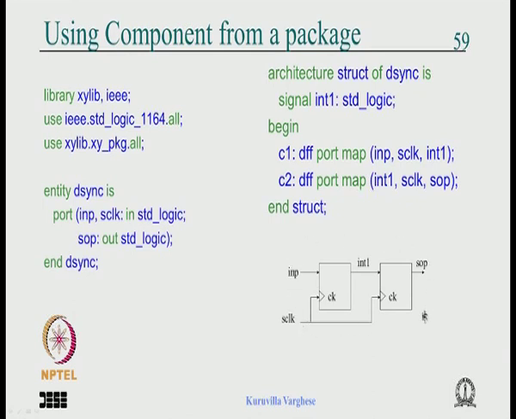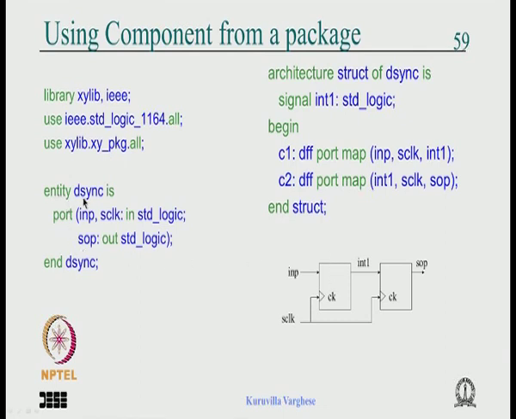This is our top level component. So now we have put this flip flop in a package called xypackage and we have put it in a library. So we are going to say library xylib, IEEE, use IEEE.std_logic_1164.all, and we say use xylib.xypackage.all, because that is where this particular component is.